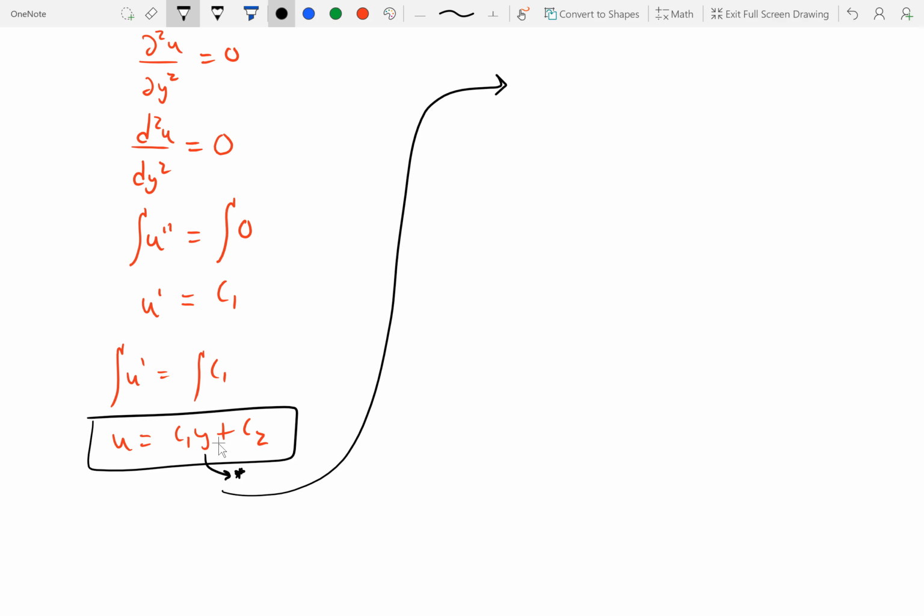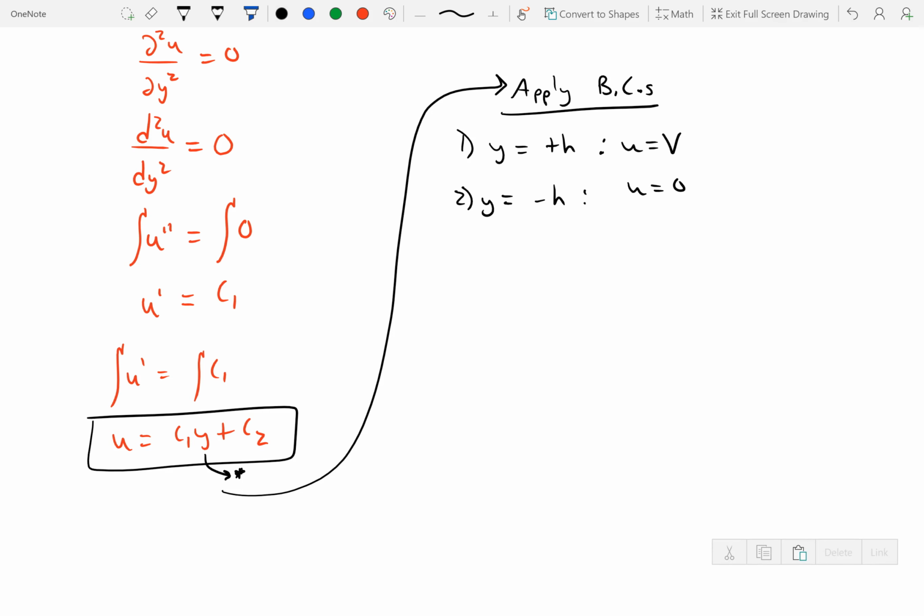Now, how do we actually get the constants? Well, we have to apply the boundary conditions. BCs. The first boundary condition, we need two boundary conditions because it's second order. Y equals plus h, u equals big V. Second case, y equals minus h, u is equal to 0.